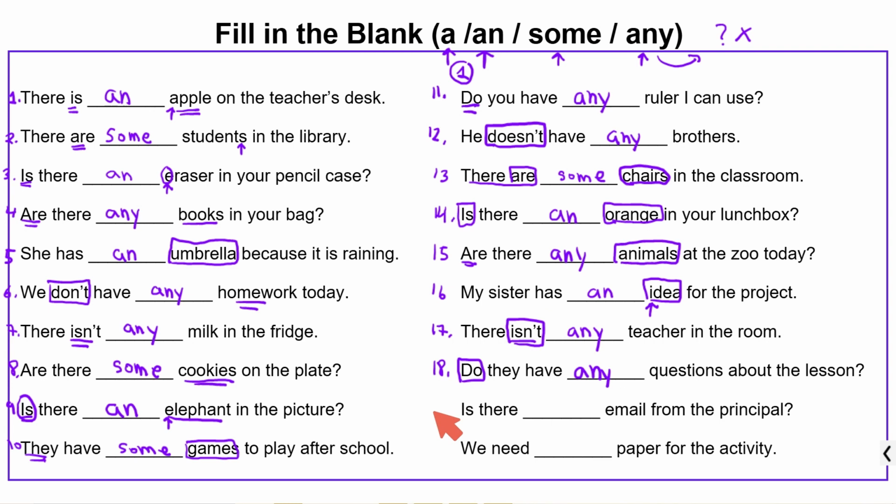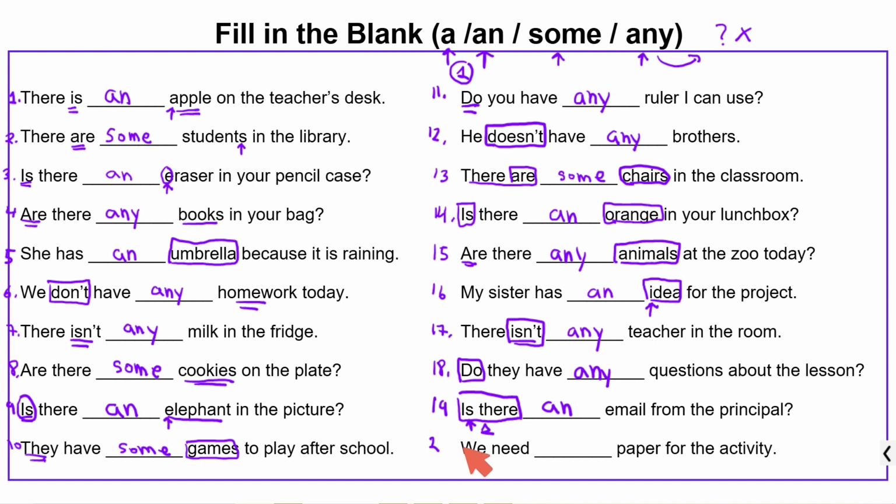All right, let's look at number 19. If you look closely, let's read it. Is there blank space email for the principal? "Is there": not because it's a question you will go ahead and write any. You have to focus on what you're reading. Is there? Is means one. Okay? So our best option here would be an because email starts with a vowel. So is there an email for the principal?